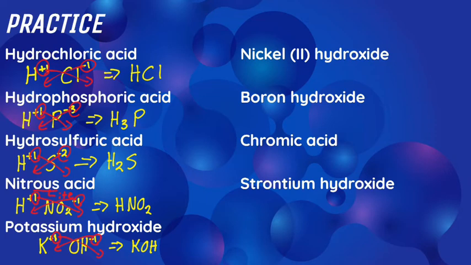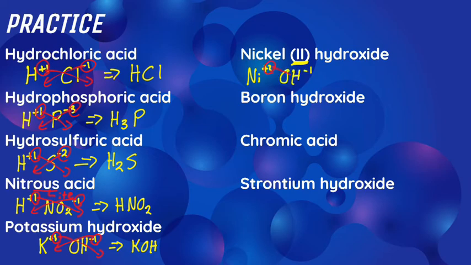All right, let's take a look at our nickel 2 hydroxide. Our nickel is our Ni. It has a charge of +2 given to us by the Roman numeral. So our Roman numeral is 2, so that means that we are going to have a charge of +2. Our hydroxide being our OH, -1 charge.